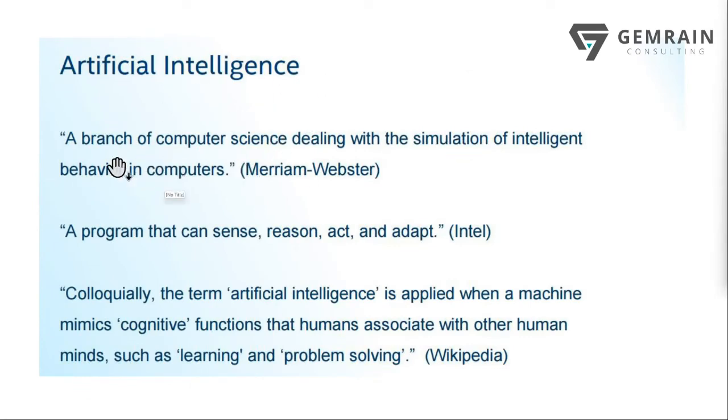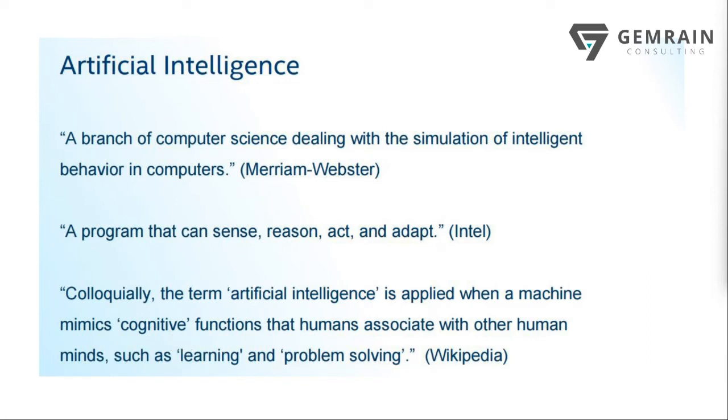Artificial intelligence is a branch of computer science dealing with simulation of intelligent behavior in computers. A program that can sense, reason, act. Colloquially, the term artificial intelligence is applied when a machine mimics cognitive abilities like a human. We can hear, we can see, we can sense.